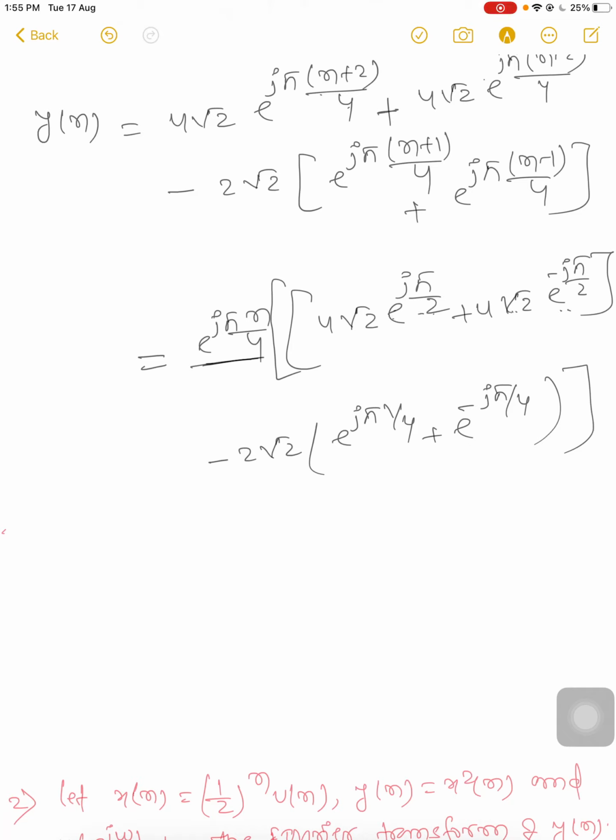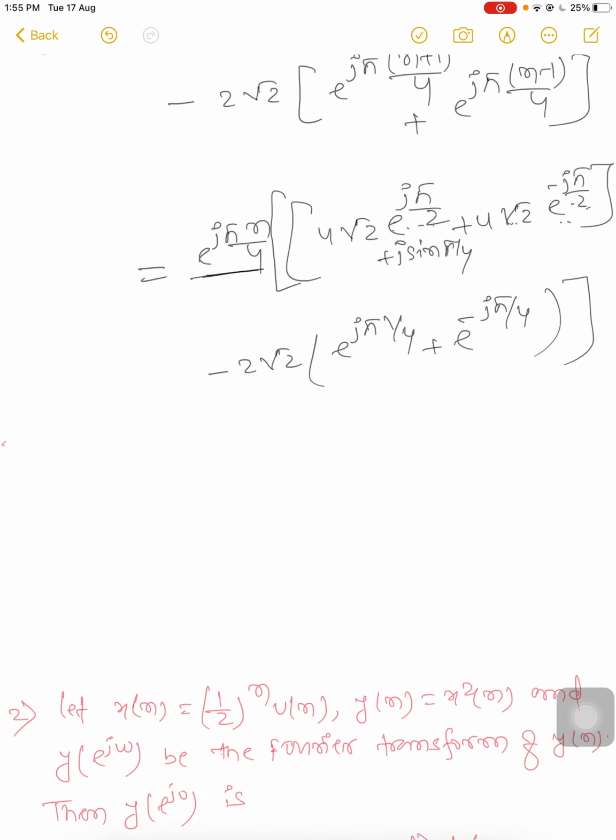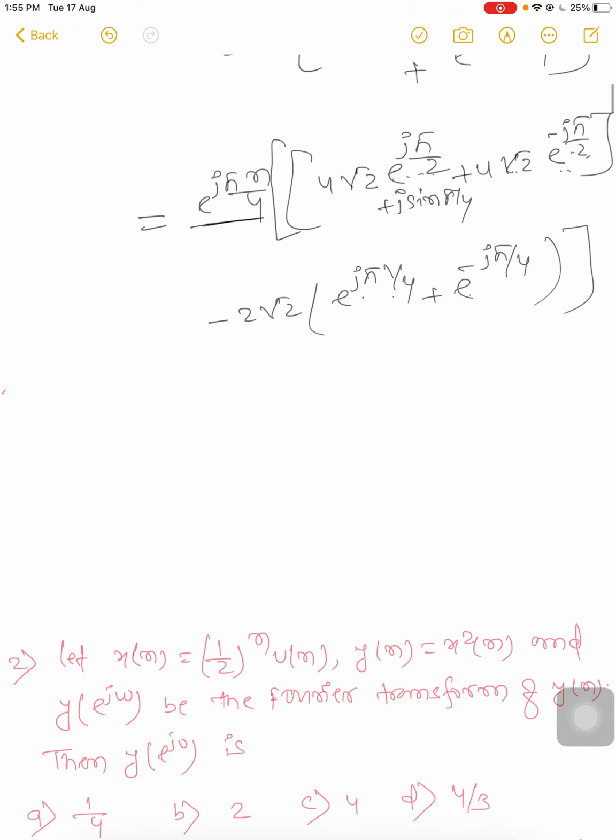Cos pi by 2 is 0, so you get j sin pi by 2 here, but there you get minus j sin pi by 2, so that becomes 0. Then from the other term you get cos pi by 4 plus j sin pi by 4, and here cos pi by 4 minus j sin pi by 4. The sine terms cancel out, and you get 2 cos pi by 4. Then what will happen?